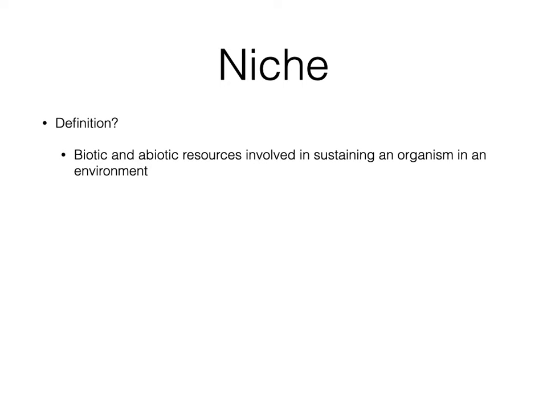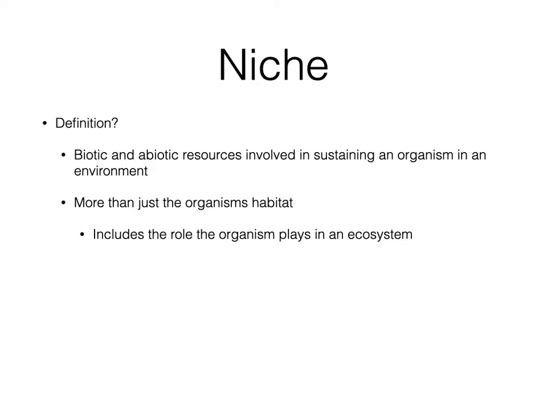But the niche is not only about where an organism lives and the resources that it uses. It also includes the role that the organism plays, right? A niche is composed of what an organism takes from the environment and what resources are needed, but also what that organism gives to the environment, gives to the ecosystem.